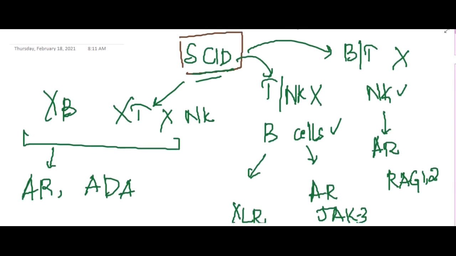If it occurs due to the X-linked recessive type, or the autosomal recessive JAK3 mutations, then T cells and NK cells are absent, but B cells are present. If it occurs due to RAG1 and 2 mutation, then B cells and T cells are absent, but NK cells are present.